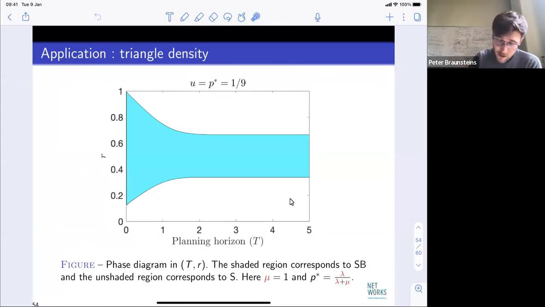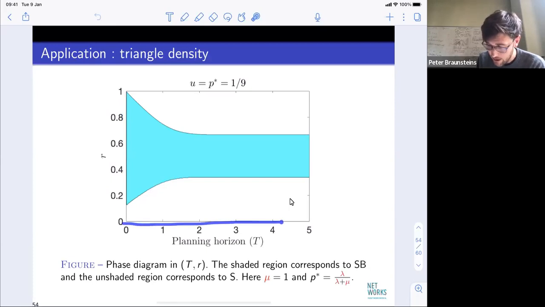So here's the phase diagram for this problem. Here we have R, and remember R cubed is the unusual outcome of the triangle density, so the unusually large triangle density that we're interested in.